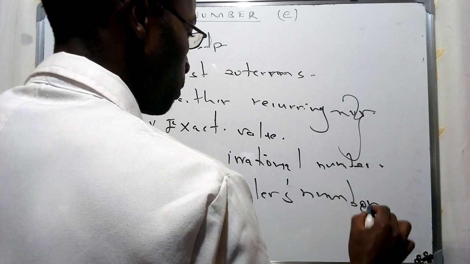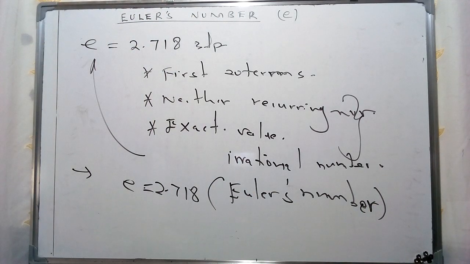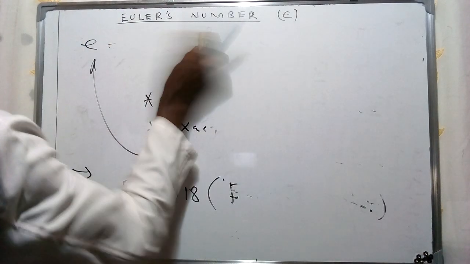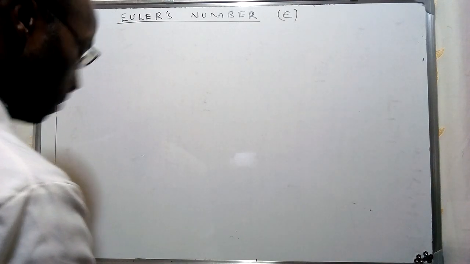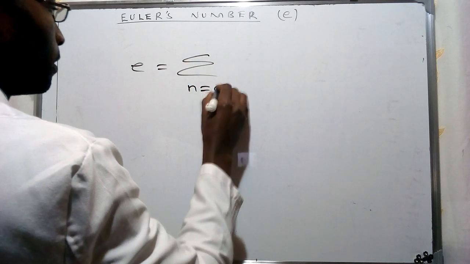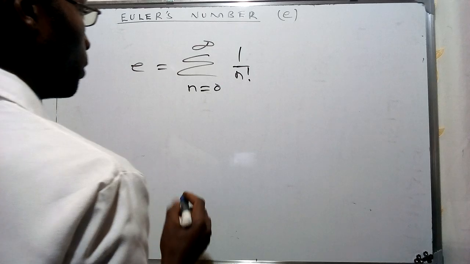Now, this number is going to be widely applicable in the various fields which were mentioned in the opening statement of this discussion. And we are going to sum up this representation for the number using our general expression, which can be given in this specific case, whereby E can be given as a summation from n equal to 0 to infinity of 1 all over n factorial, given as such.